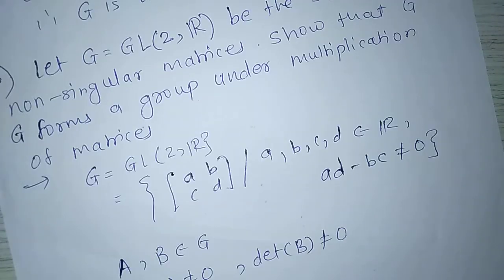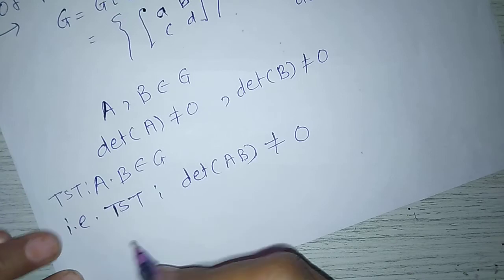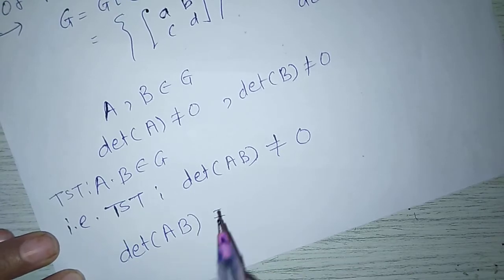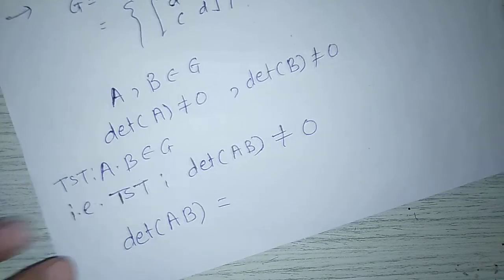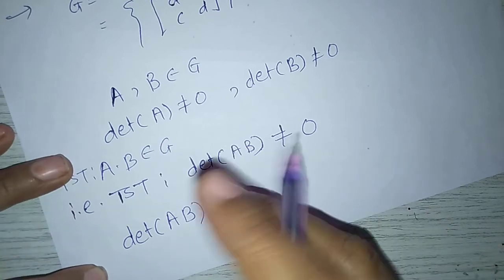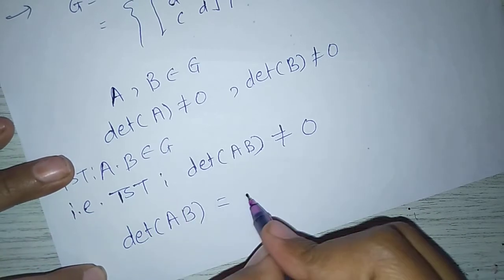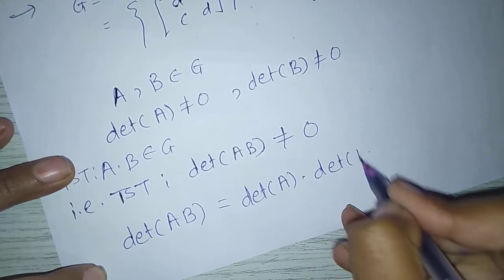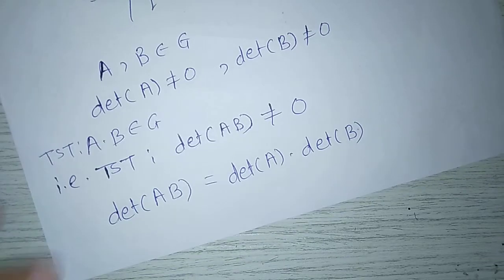Here A and B belong to G, therefore their order is 2, so determinant of AB = determinant of A into determinant of B, because A and B have the same order.